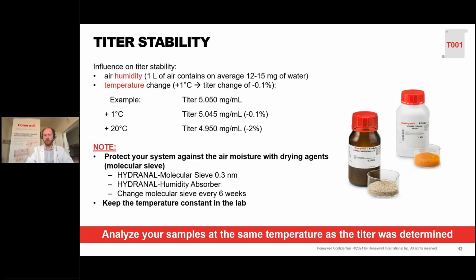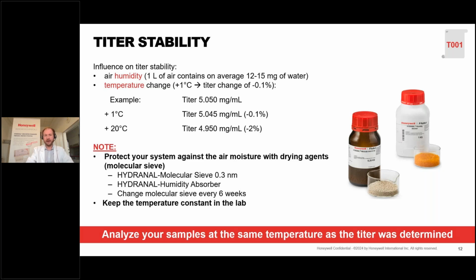If it's getting warmer, then also the volume of the reagent will change, and in consequence, a temperature increase of 1 degree Celsius results in a titer decrease of approximately 0.1%. With small temperature changes, it's not so dramatic, but if the temperature is changing very strongly during the work time, let's say by 20 degrees Celsius, then the effect will be significant.